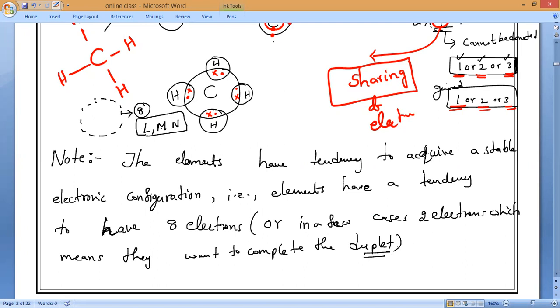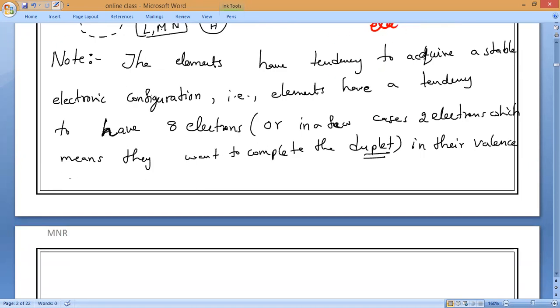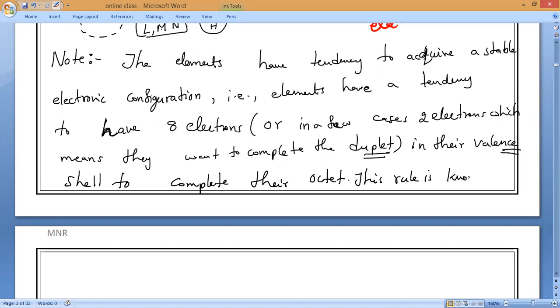Elements have a tendency to have 8 electrons in their valence shell, not valency shell, to complete their octet. This rule is known as the octet rule.